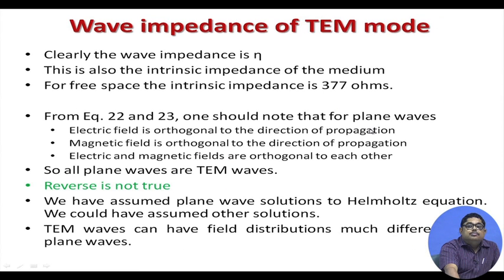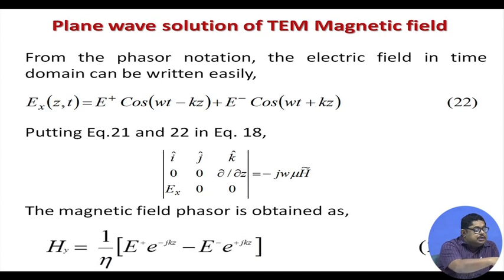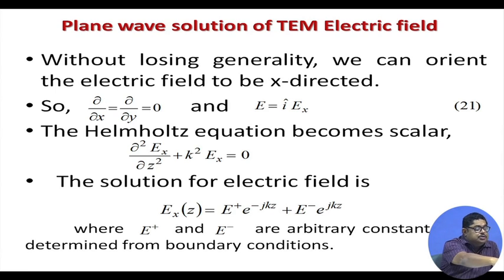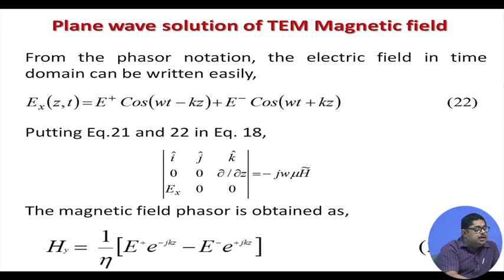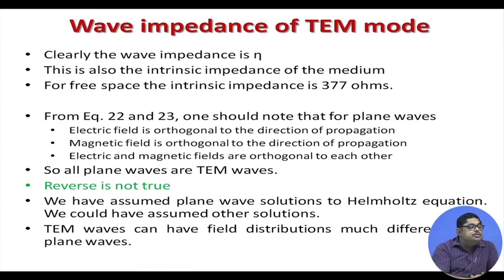The ratio of these two, the electric field phasor divided by the magnetic field phasor, from equation 21, will give you the wave impedance to be eta.